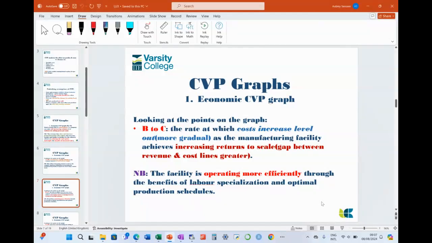Okay, so when it comes to the economic CVP graph, we have 2 break-even points. If you look at the accountant one, you only have 1. All right. So if you're planning and utilizing the economist cost volume profit graph, you want to be after the first break-even point and before the second break-even point, because remember, therein lies your greatest profit, where the gap is greatest between those 2 lines.